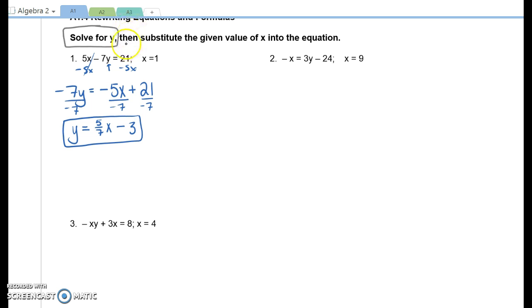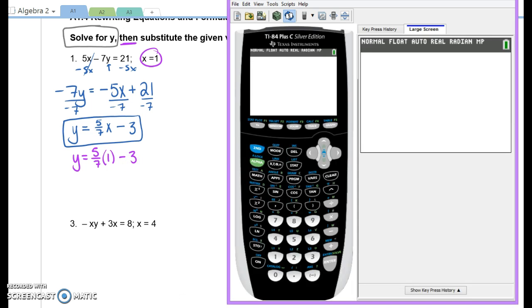Now we are allowed to substitute that 1 in place of our x. So y equals 5/7 times 1 minus 3. You can grab your calculator to get that answer.